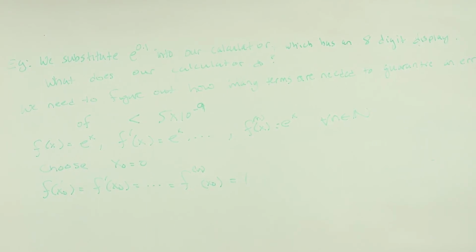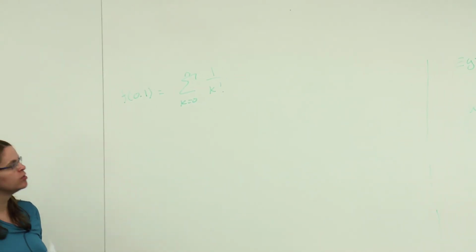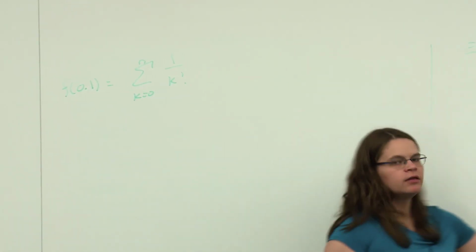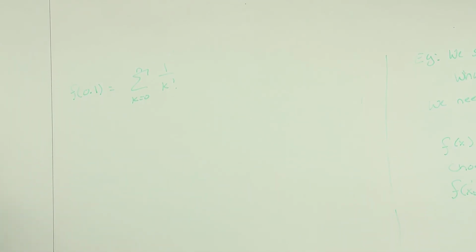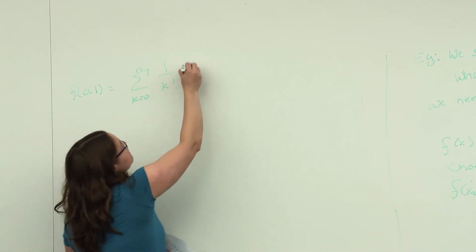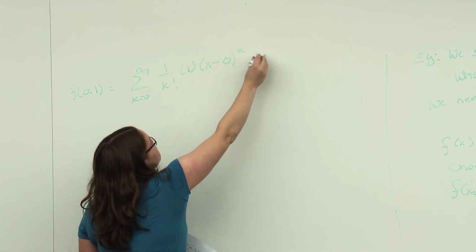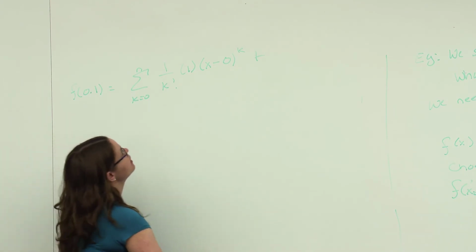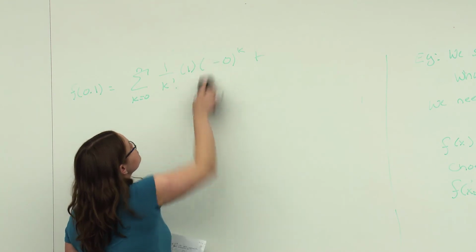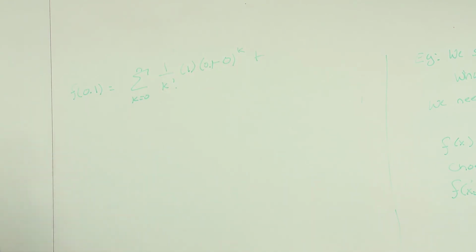So 1 over k factorial times 1, the kth derivative at x naught, which is equal to 1, times x minus x naught to the kth power. So that's the approximation we're going to use. Here x is 0.1, yep. Plus an error term.